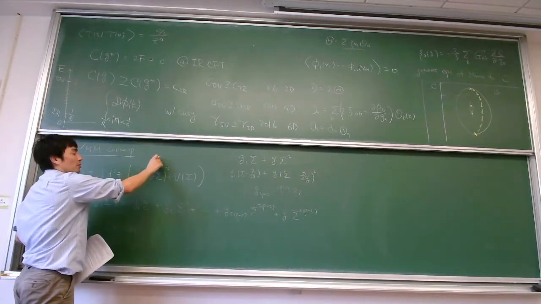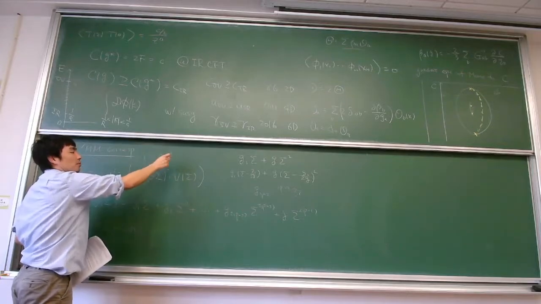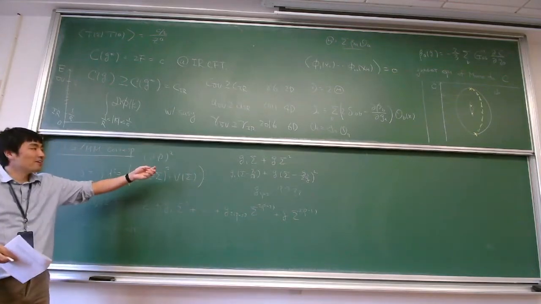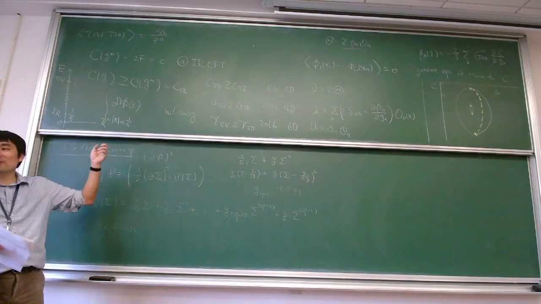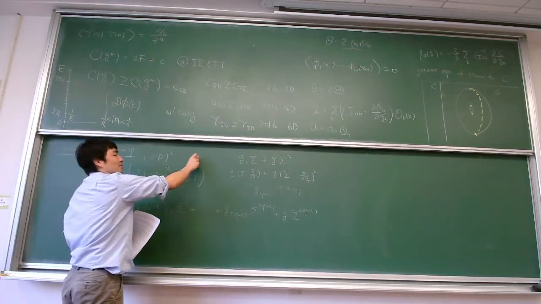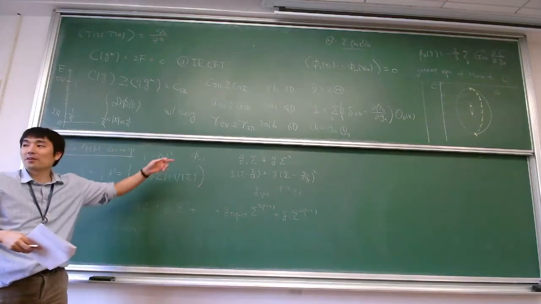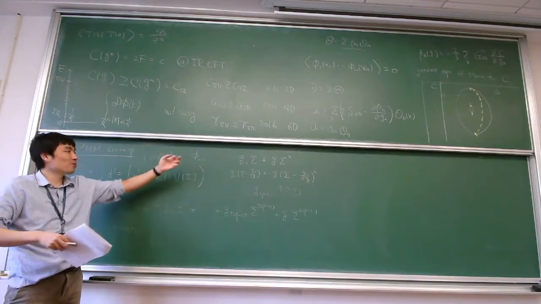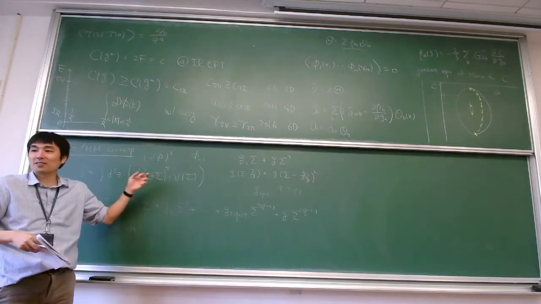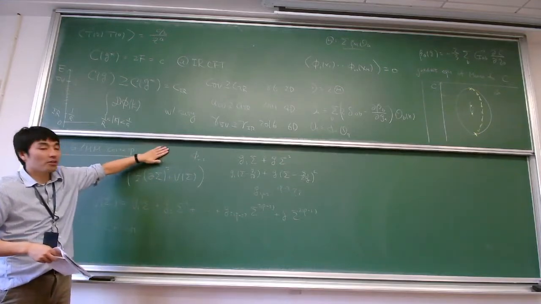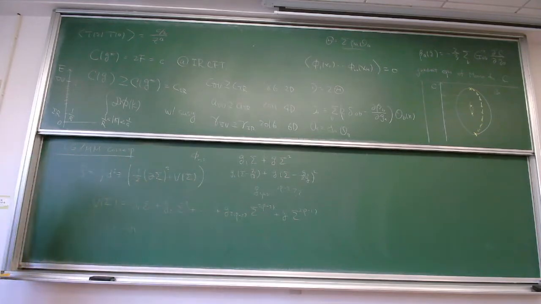But from now on, in the minimal model correspondence, I use phi 1 RS as a primary field. I just want to distinguish phi RS from this scalar field. That's why I don't use phi. Okay, so that's the thing.